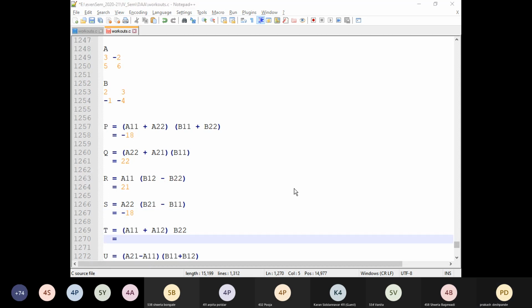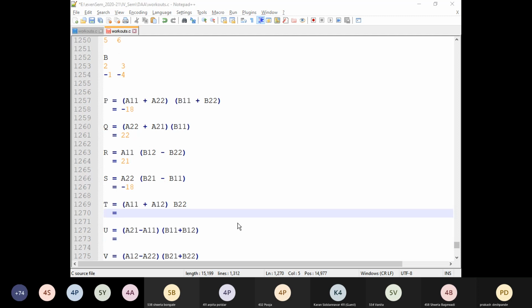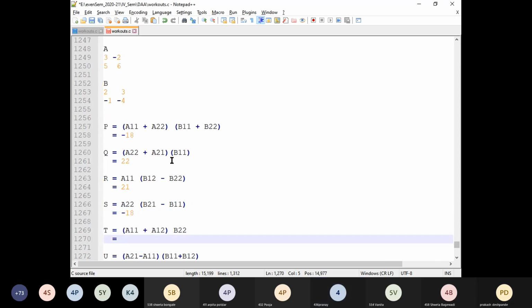Next, T. Pranay, roll number 436. What is the value of T, Pranay? Sir, will you show that matrix, please, sir? Likhita, 419.